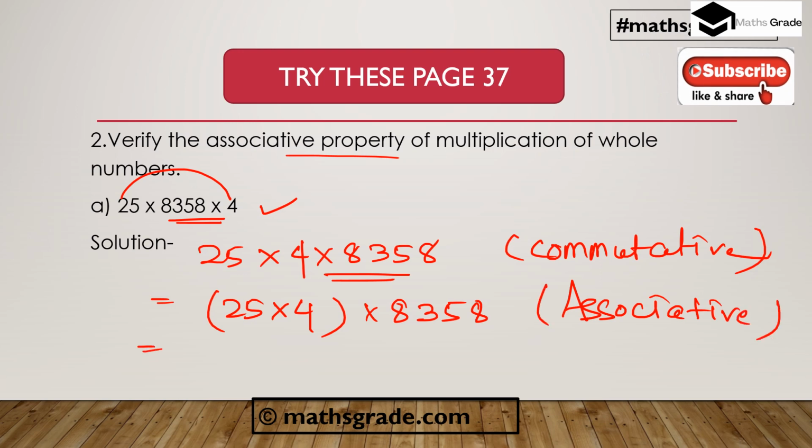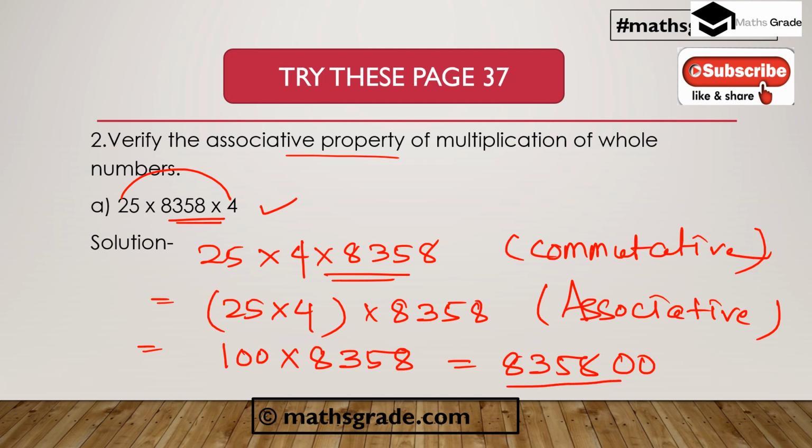Now 25 multiplied with 4 is 100. 100 multiplied with 8358 is equal to 8358 with 2 zeros, so we place 2 zeros. Now this is 8,35,800, and this is the answer. So 25 multiplied with 8358 multiplied with 4 is 8,35,800.